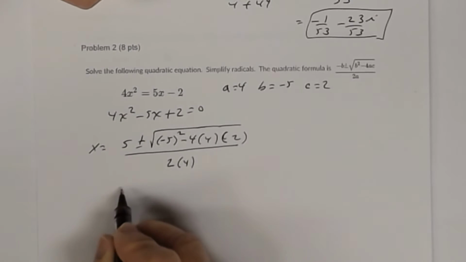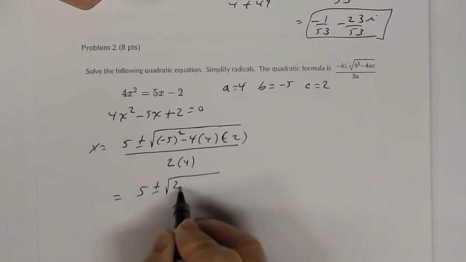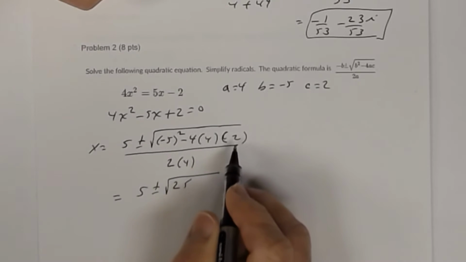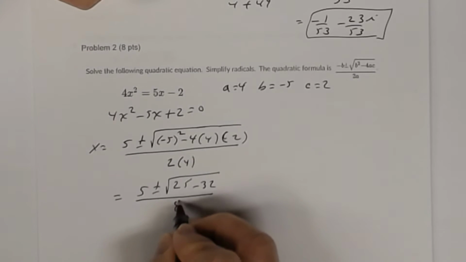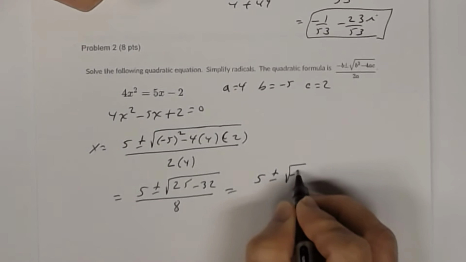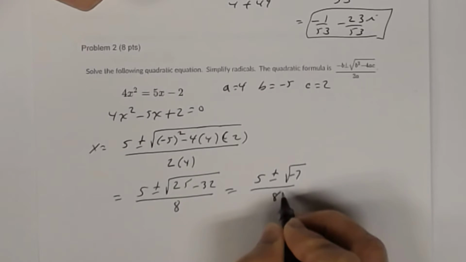Simplifying the radicand, or the discriminant, I get 5 plus or minus the square root of 25. A negative 5 times itself is 25. A negative 4 times 4 times 2 is negative 32, divided by 8. So it becomes 5 plus or minus the square root of a negative 7. 25 minus 32 is a negative 7, divided by 8.